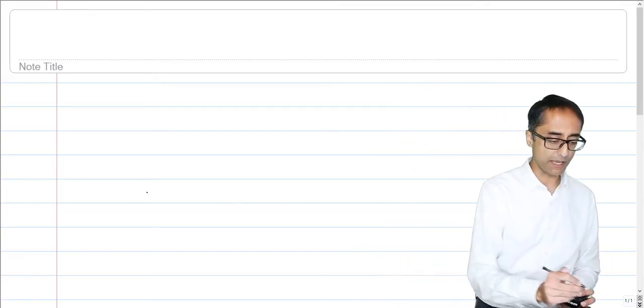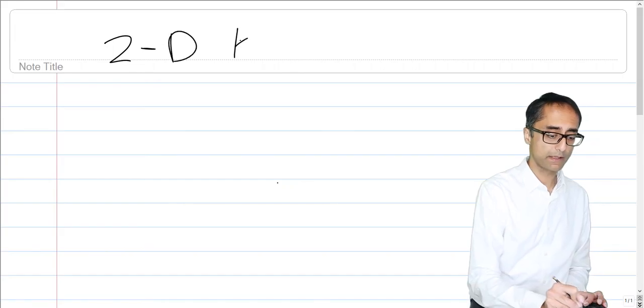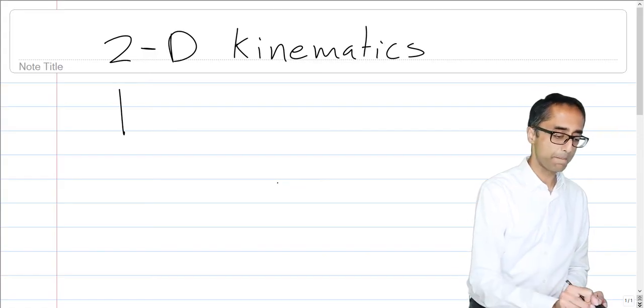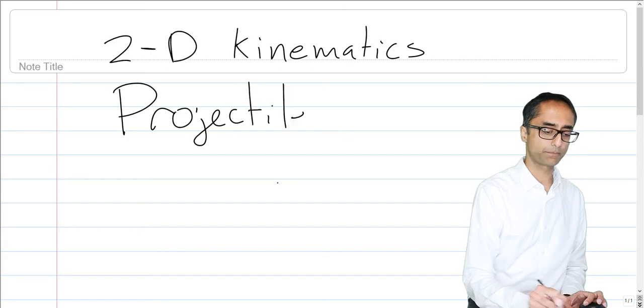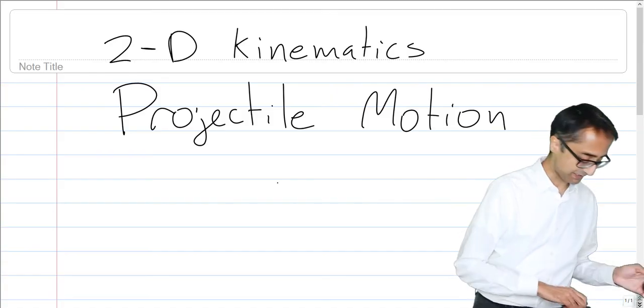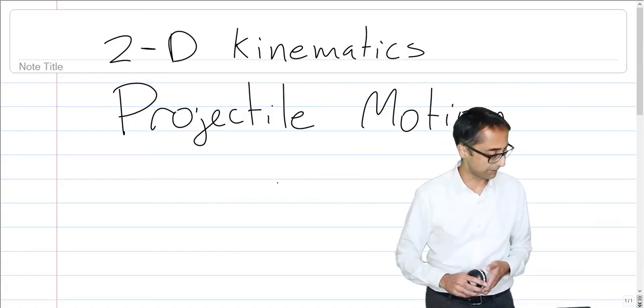And I say our first type because there are two types of two-dimensional kinematics. The first one is the one you probably most often think about, and that is projectile motion. Incidentally, the second one is rotational motion, but that's for another video.